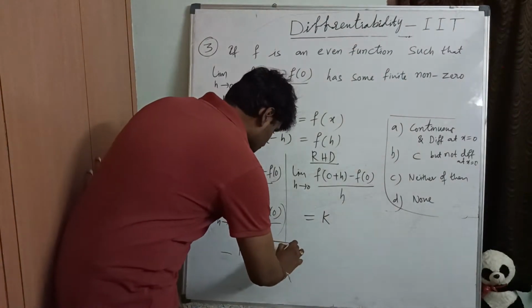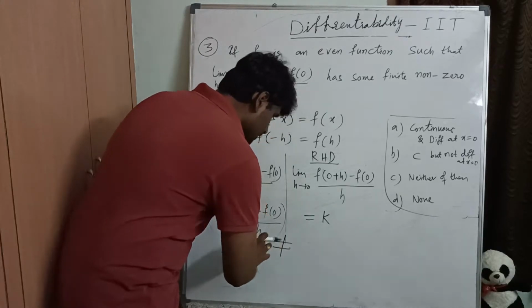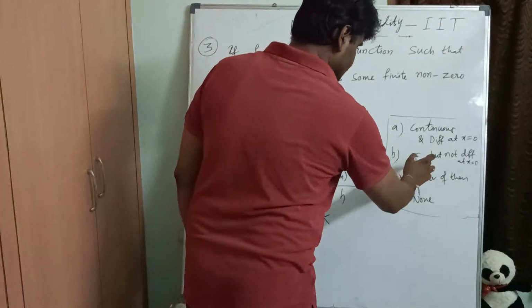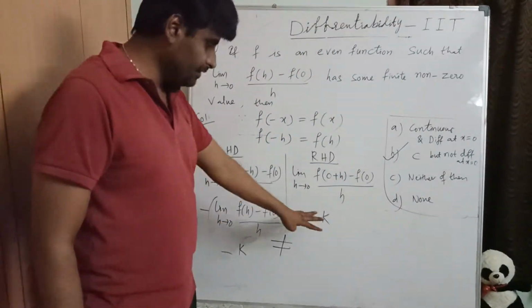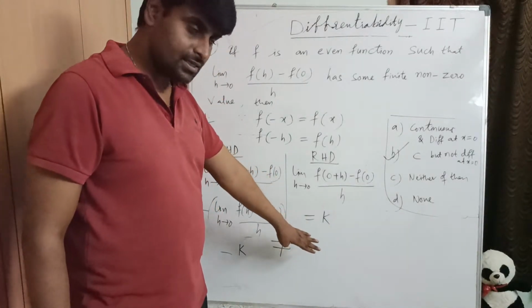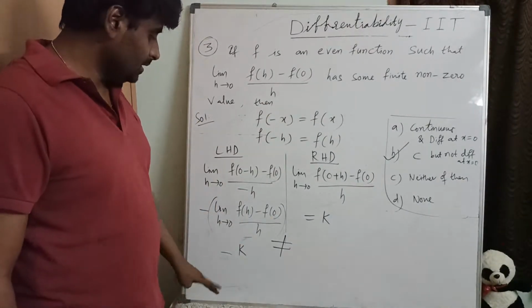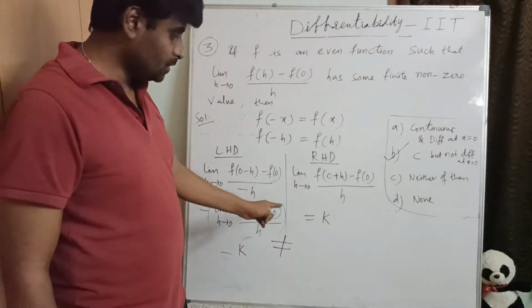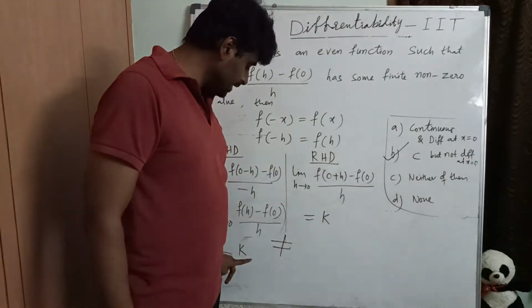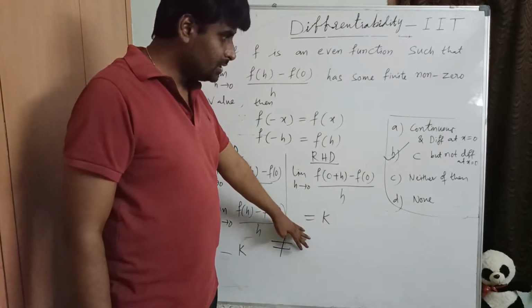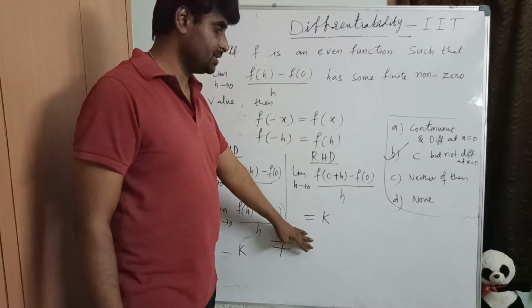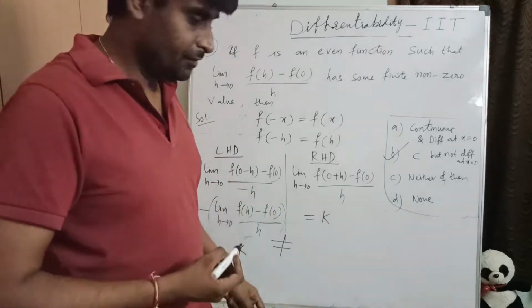LHD not equal to RHD. Clear? So it is continuous but not differentiable at x equal to 0. They are equal in value but the signs are different, so LHD is not equal to RHD; it is not differentiable but continuous. Clear? Make a note of it.